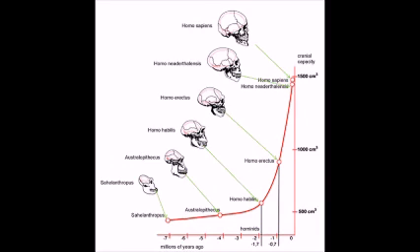Presently, let us draw our attention to what happened to our skulls between 4 million years ago and the present. 4 million years ago, it is Australopithecus afarensis that enters the picture.